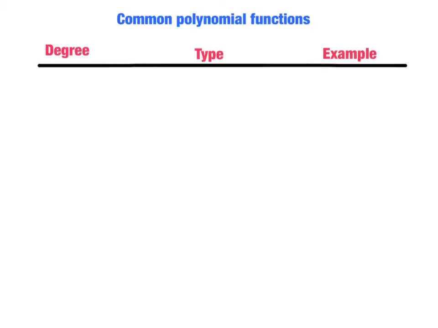Okay, let's look at some common polynomial functions. We're just going to go through the degrees of the functions, and then I'll give you an example of each. If we have degree 0, we call this a constant.